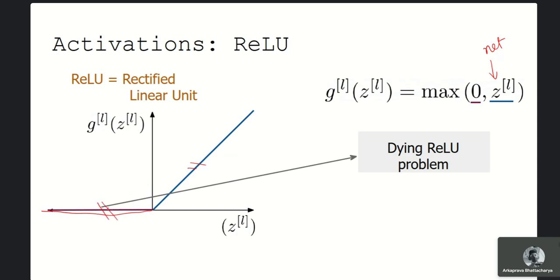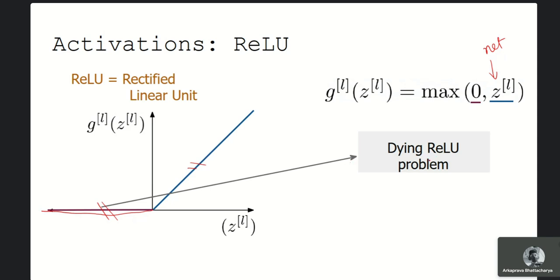And this forcing of the output of the neuron to be 0 when the net input is either 0 or less than 0 causes a problem in the ReLU function, which we call the dying ReLU problem. As your net input becomes 0 or less than 0, the output would be 0, and hence some of the neurons in the network may die and may not contribute to the functioning of the network.